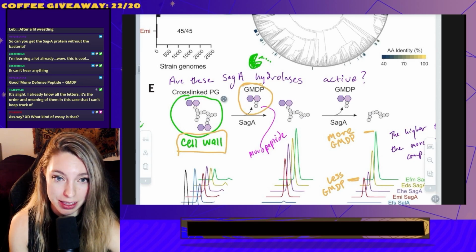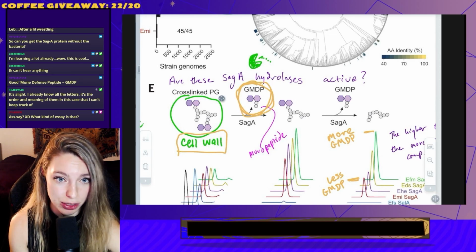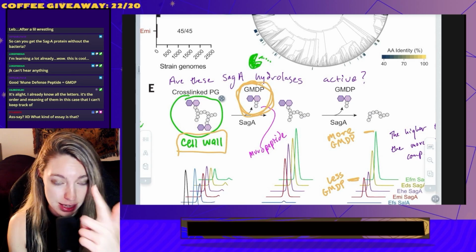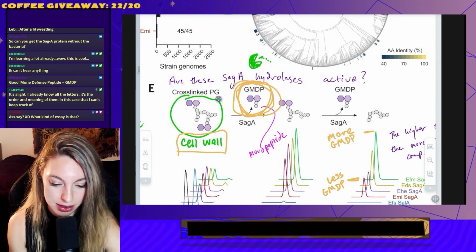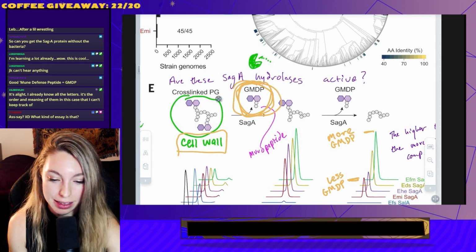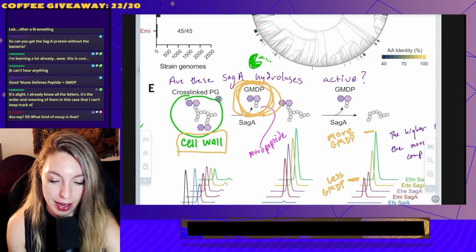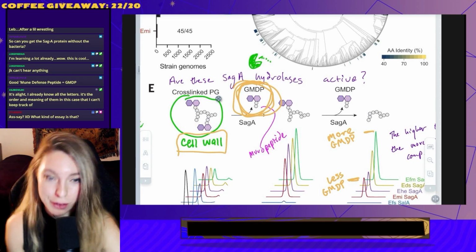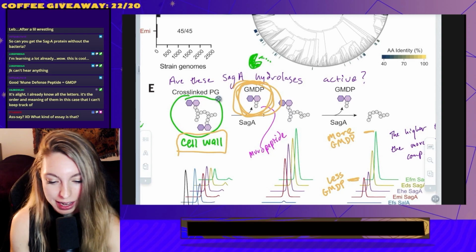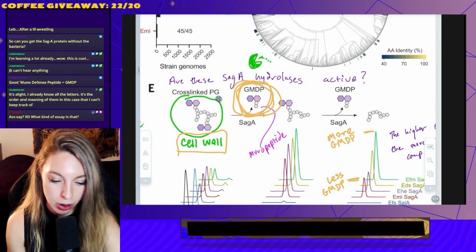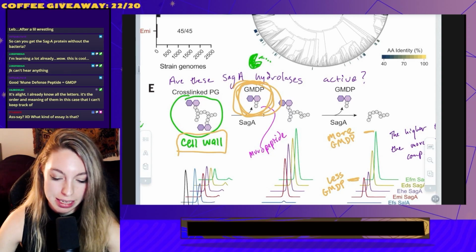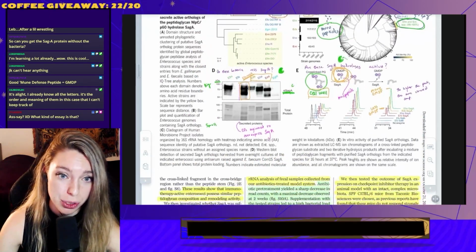You can just make this GMDP in the lab. In that case, you don't need the bacteria. You don't need SagA. You could just make this. But at this point, during this study, they still weren't sure if GMDP was actually causing the anti-tumor effects. They're just looking at this interesting protein, SagA, and what it does. It cleaves cell wall and makes GMDP. Okay, cool. Now they need to see if that actually helps cure the cancer, right?